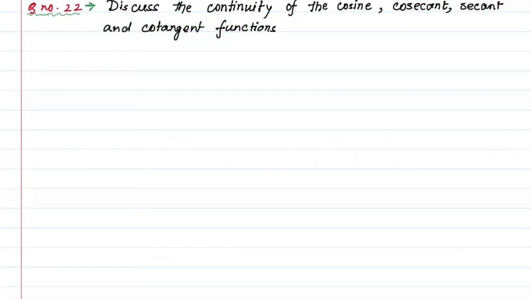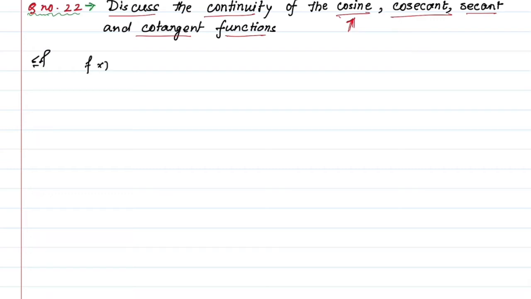Now let me show you how to solve question number 22. Discuss the continuity of cosine, cosecant, secant and cotangent functions. So here we need to discuss the continuity of those functions. We know that cosine is always continuous at each point of its domain. Although we can show this one as well.